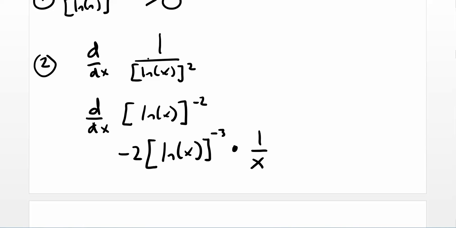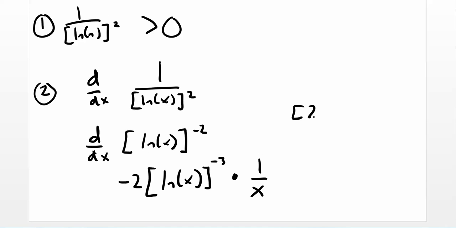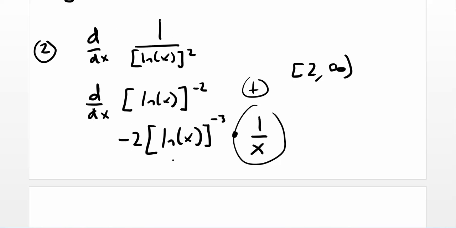Now this isn't quite as obvious, but we're only plugging in positive numbers for x because our interval is from 2 to infinity. So this here will be positive, and the natural log is positive on the interval. So you get a negative times a positive times a positive, and that becomes negative.